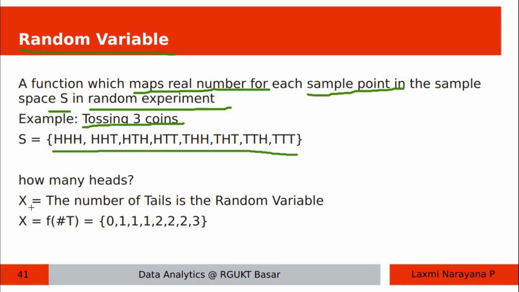A random variable X counts the number of tails in the experiment. So this X is called the random variable. It will map this sample space to some real numbers. Here we need to count the number of tails. How many tails are there here? 0 tails, so it will be represented with 0. This point will be represented with 1 because 1 tail is there, and you can continue like that: 0, 1, 1, 1, 3, 2s and 1, 3.